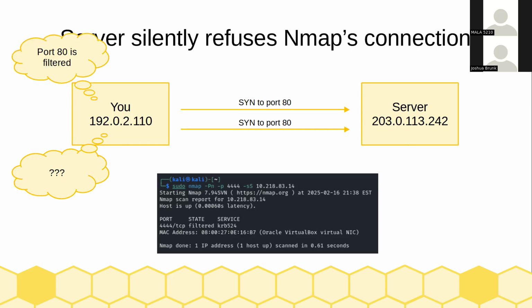After the second request goes and nmap didn't receive anything back, it'll presume that the port is filtered, and that's what is shown here. Basically, filtered means that the server never got back to you.